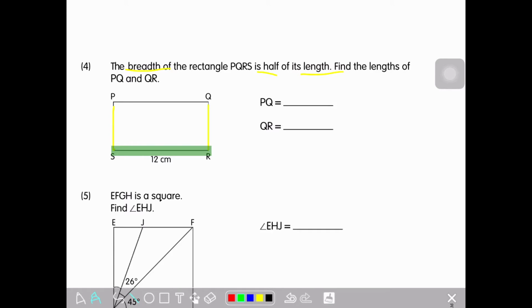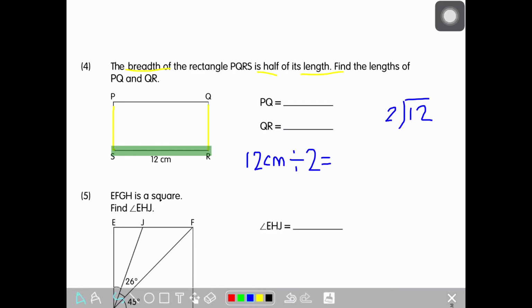And what is half of the length? Half of the length is 12 cm divided by 2. So we do our long division. 12 divided by 2, which gives us 6 cm.